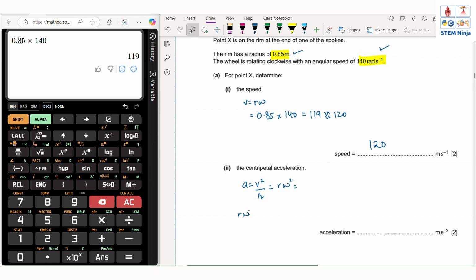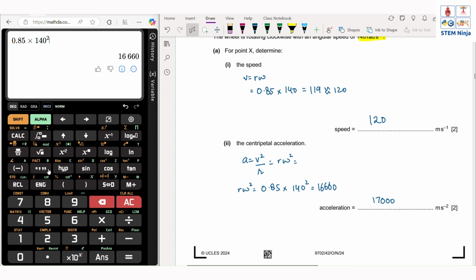So if we use r omega squared, we can use 0.85 times 140 squared. 140 squared gets us 16,660. We need it in two significant figures, so that would be 17,000 meters per second squared.